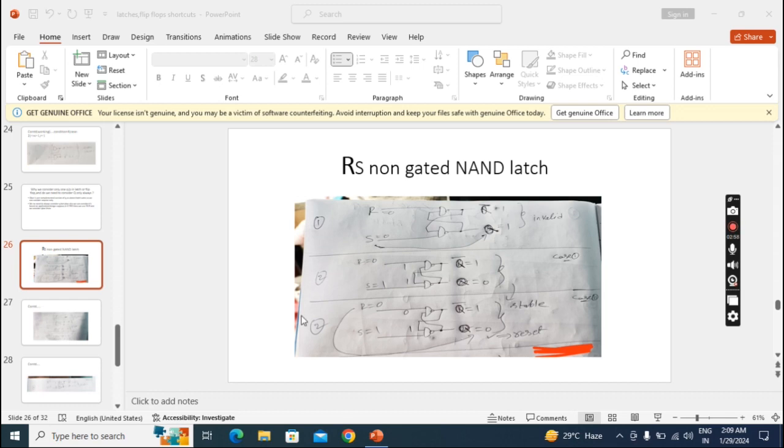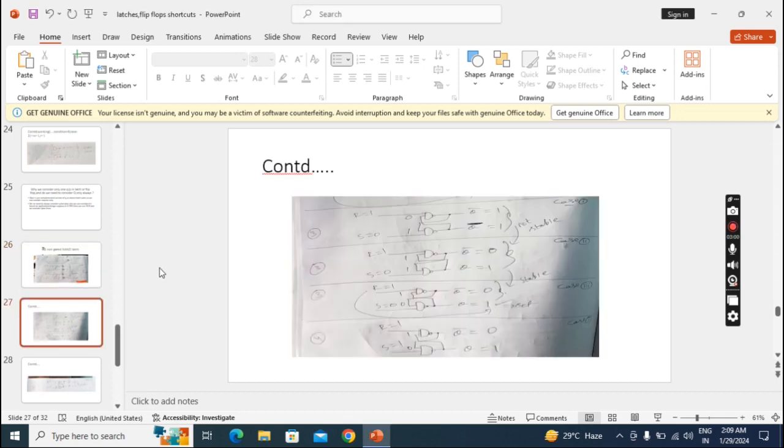Next, third condition, when R equal to 1, S equal to 0. Here I took three cases to know the stable output. Here also you can observe, whenever S equal to 0, R equal to 1, we are getting set.